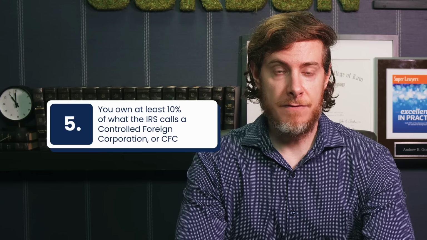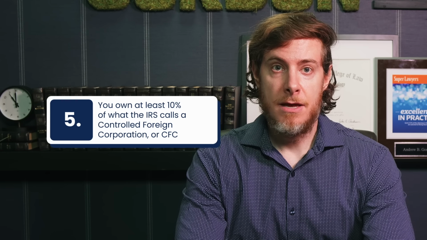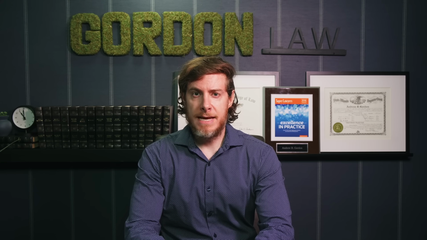Category 4, you have control. You own more than 50% of the company. Category 5, and this is the most common one, you own at least 10% of what the IRS calls a controlled foreign corporation, or CFC. Most people we work with fall into Category 4 or 5. If you have meaningful ownership in a foreign business, you're almost certainly filing this form.